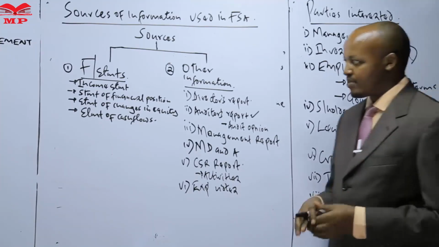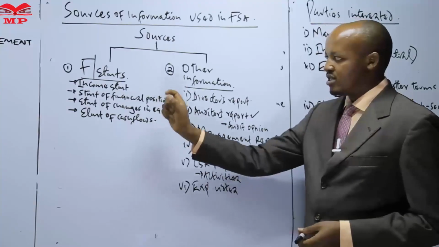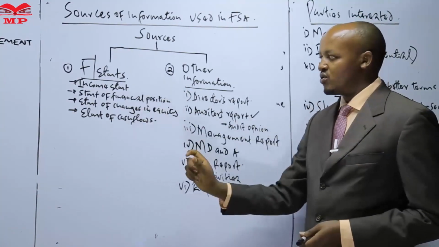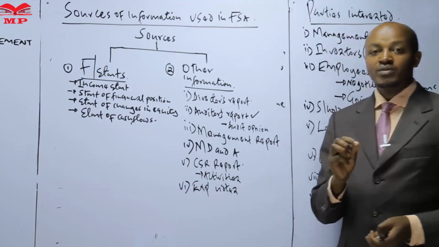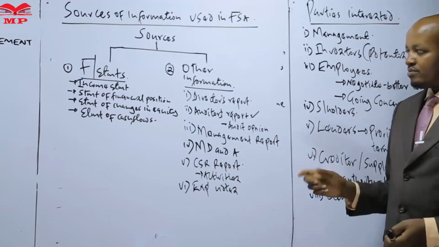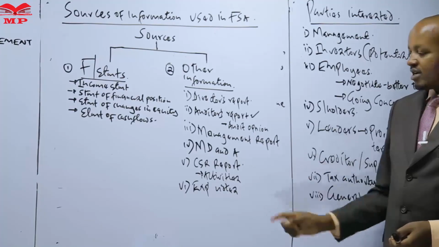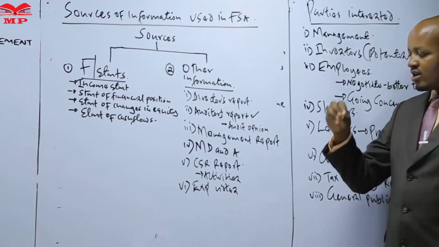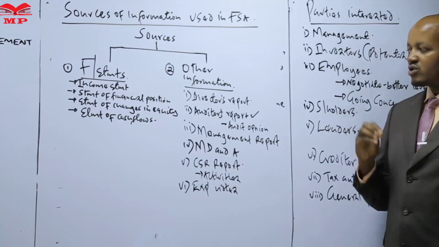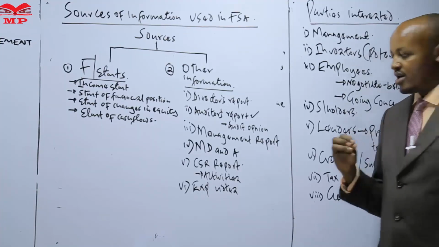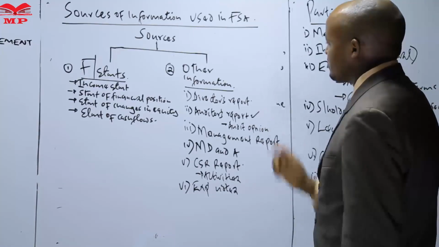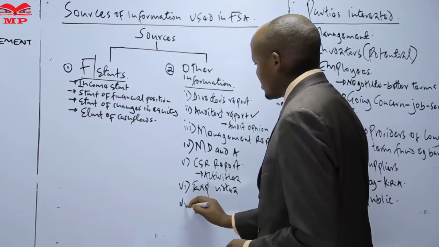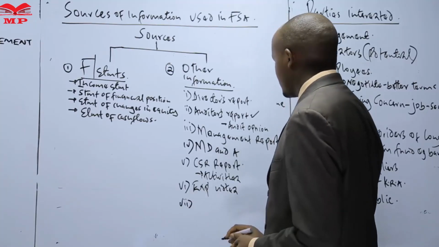Because once the company prepares the financial statement, there will be various items in this component which need to be explained, so they will be explained using the explanatory notes. So that explanation in respect to those items can also be used by the financial statement analyst whenever he is to do his analysis.